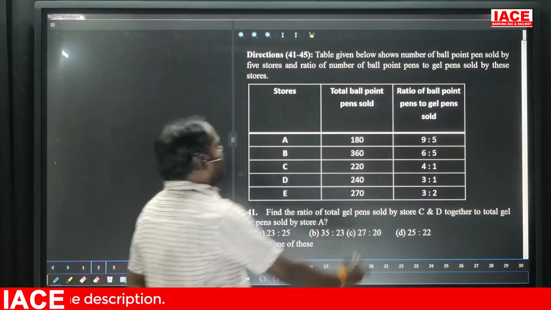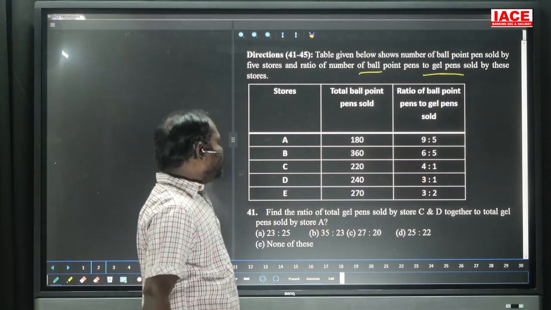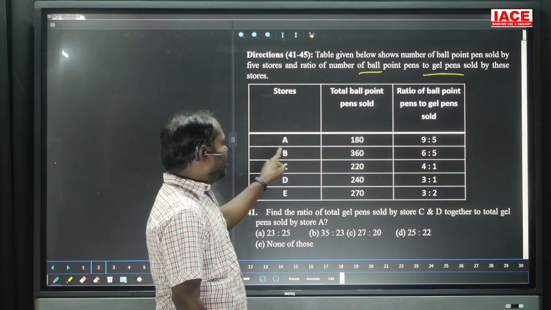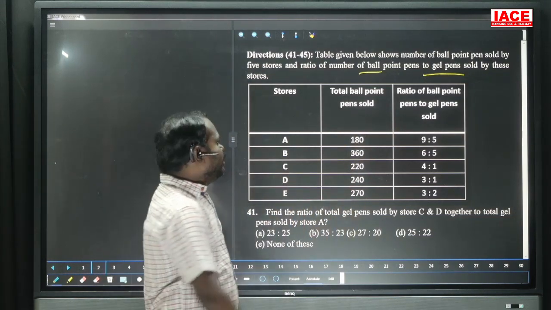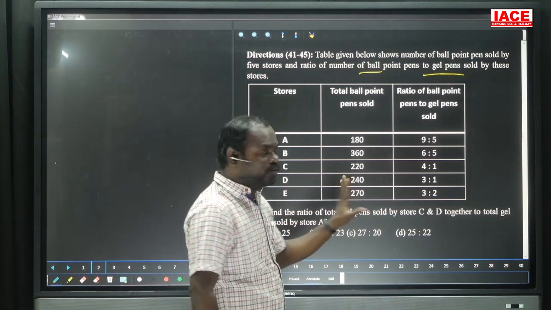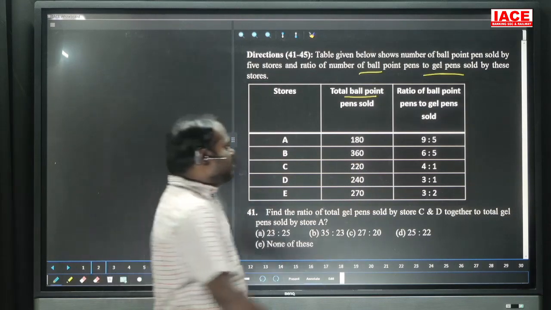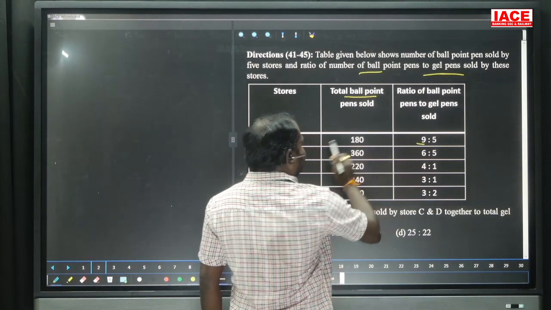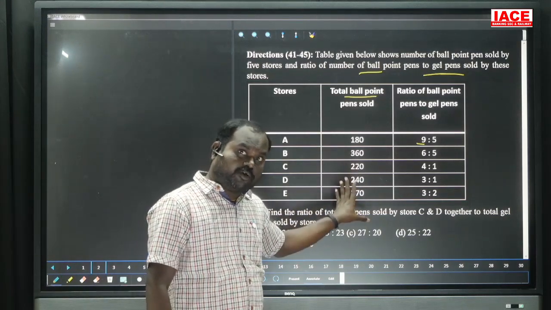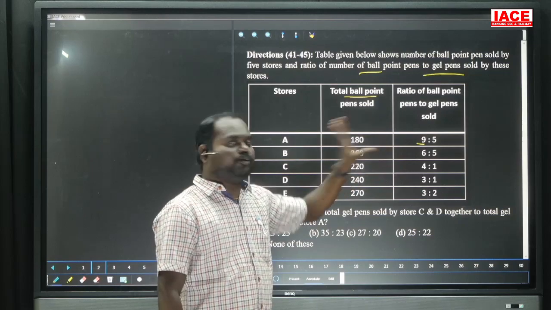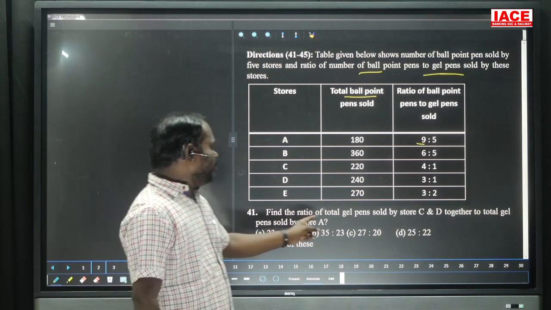The total ballpoint pens sold by store A is 180. Be careful with this information: it is only about ballpoint pens, so these 9 parts equal 180. It is not the total pens, it is ballpoint pens only, but the ratio is ballpoint to gel pens, so we should be careful.